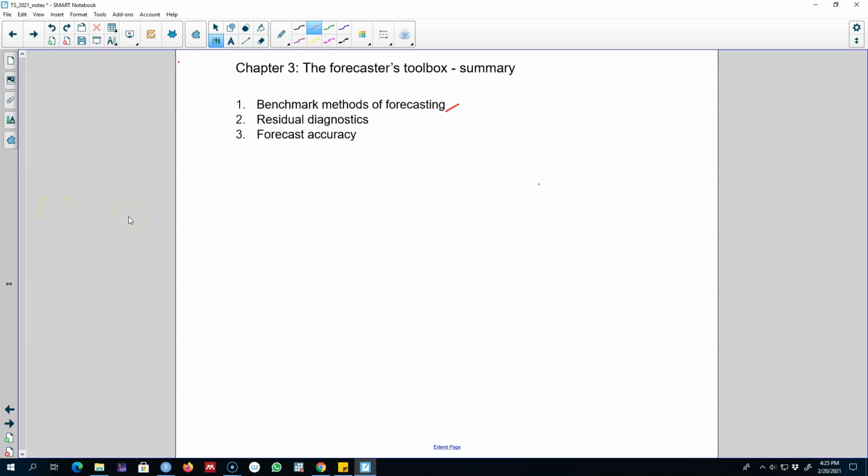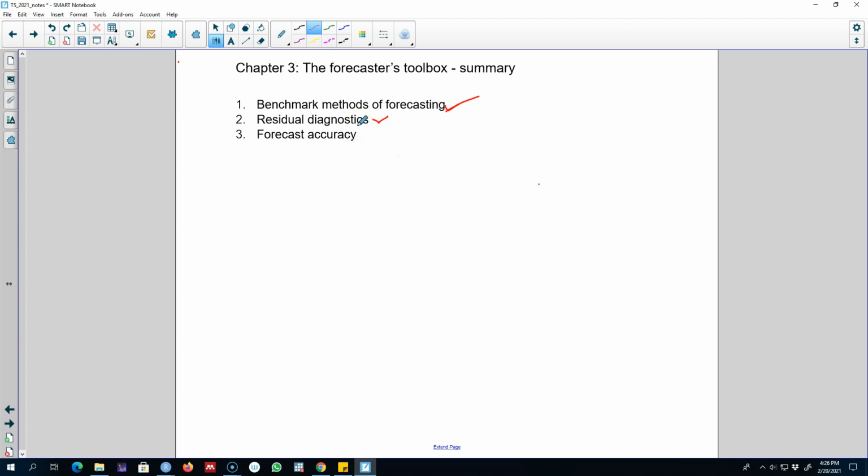And then after we have these forecasts, it is very important to perform residual diagnostics to know whether our forecasting method is using all the available information in the data set. To see if our forecasting method is using all the information which is available, we fit a model and then we find residuals, and then we perform various tests on those residuals.